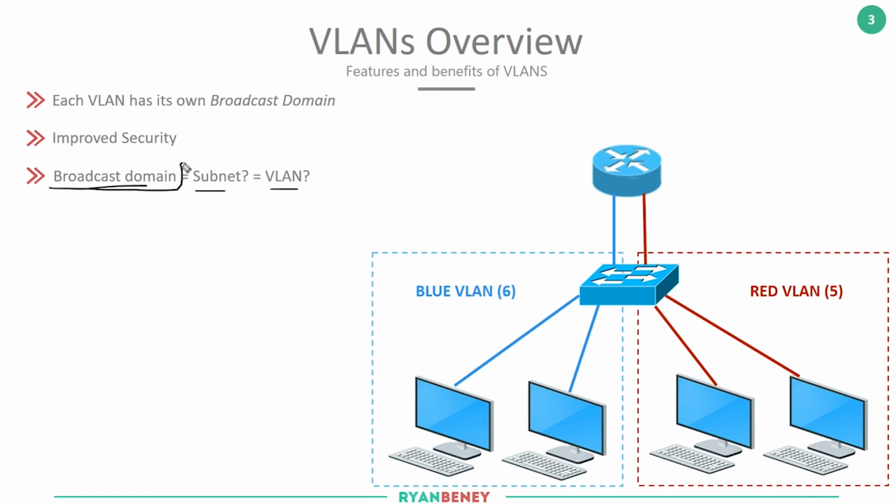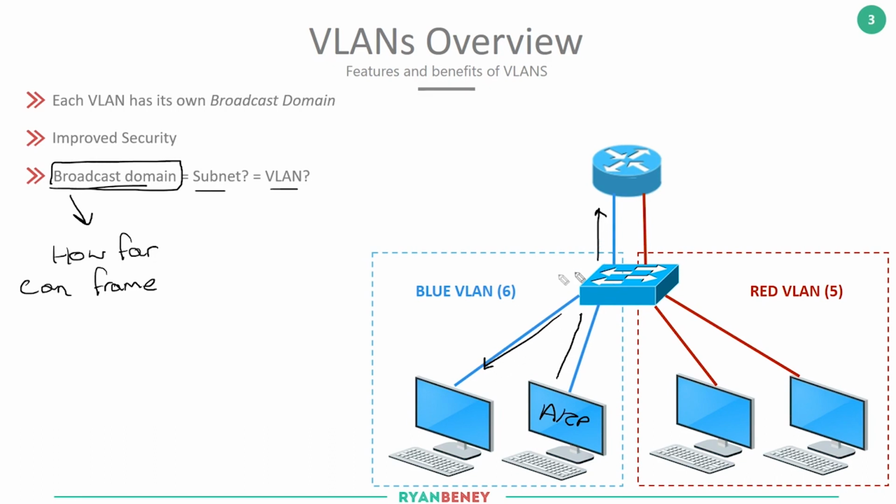So we said that a broadcast domain was how far a frame can travel. Here, if this PC sent out an ARP inside the broadcast domain, it would travel to only PCs inside the blue VLAN, because the VLAN is what controls the broadcast domains if configured.